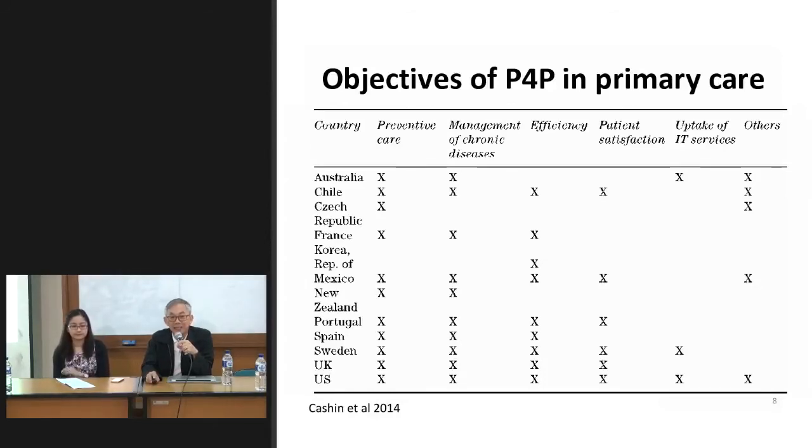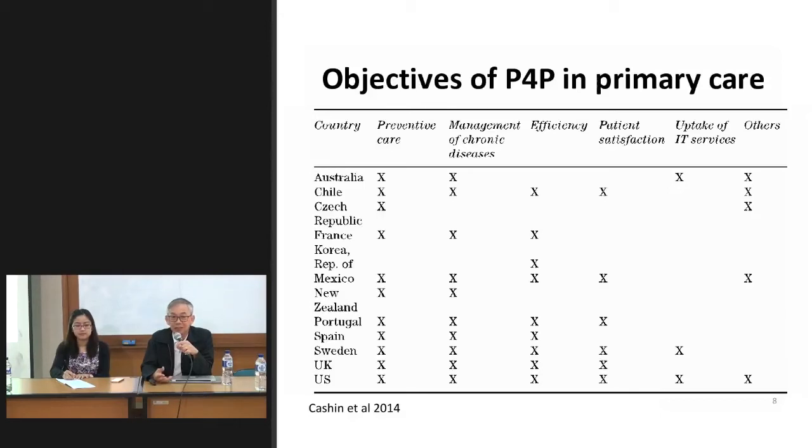The second is to get outcome quality from the management of chronic disease. The third category is by the definition of RAND's Corporation, aiming for efficiency. The fourth is to increase patient satisfaction.